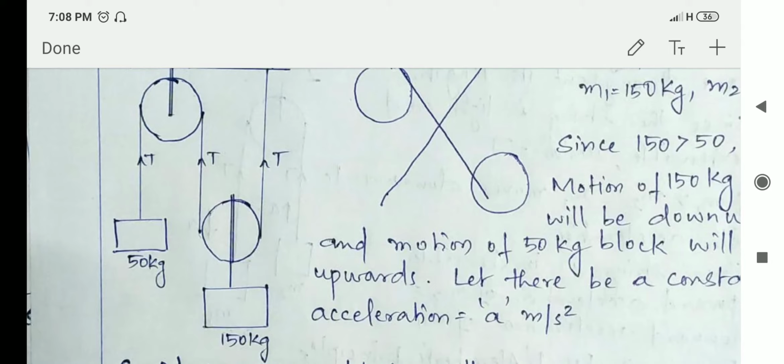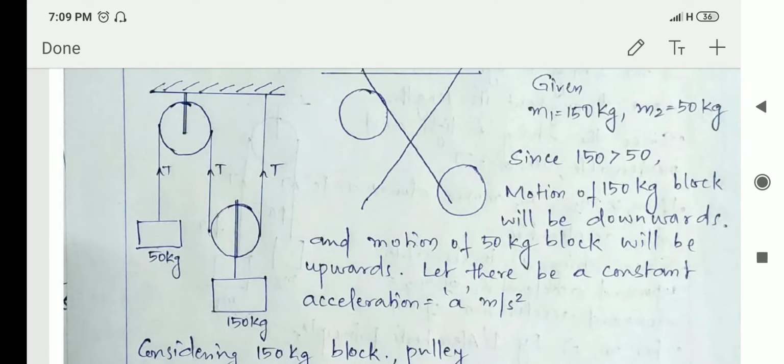So which is the direction of the 150 kilogram block, upward or downward? It will be downward. Why? Because the 150 kilogram block is having more mass than the 50 kilogram block. It's very simple, right? So definitely the 150 kilogram block is going downwards and the 50 kilogram block is moving upwards.